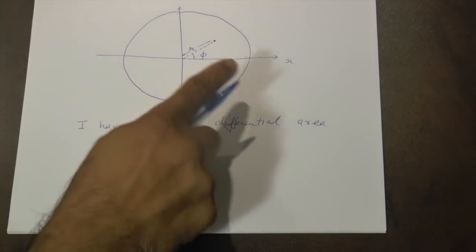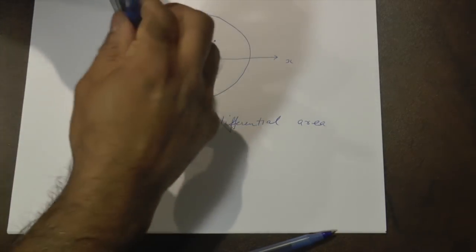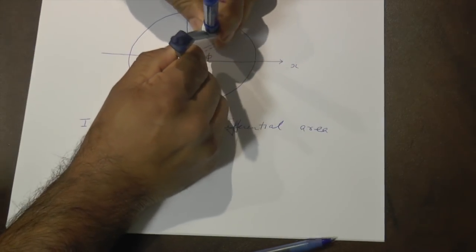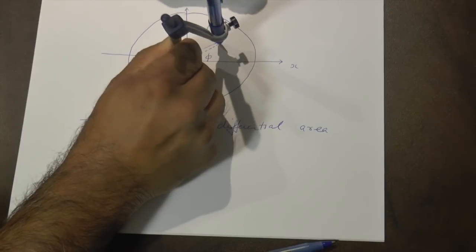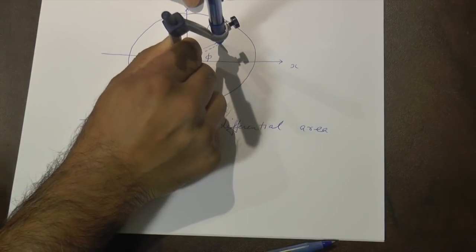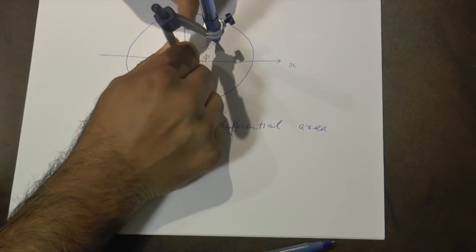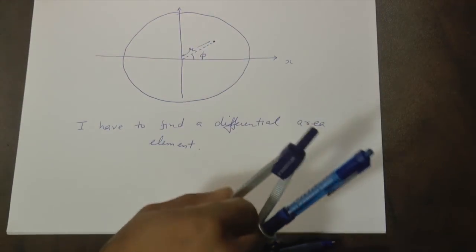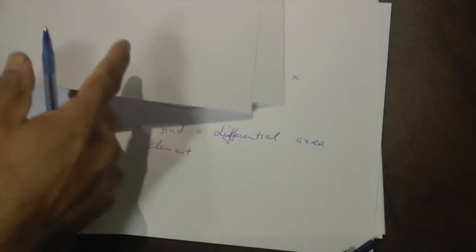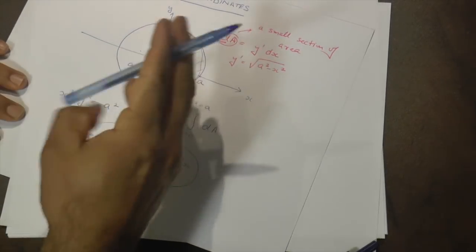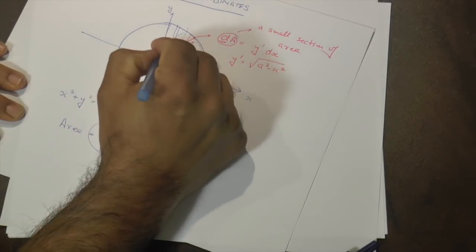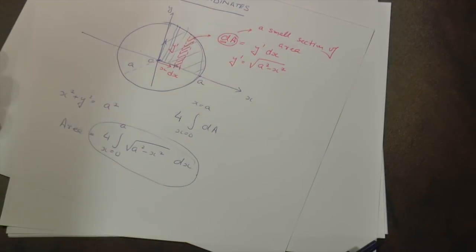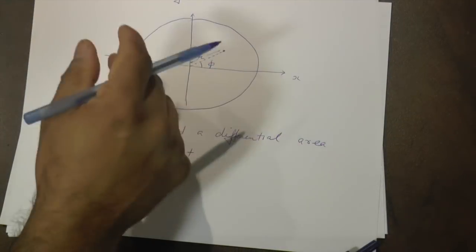Now I want to move in r and phi. Remember, when you were in x and y, you were moving either in x direction or in y direction, the Manhattan grid system, for example, and you were trying to define all your problem based on that.